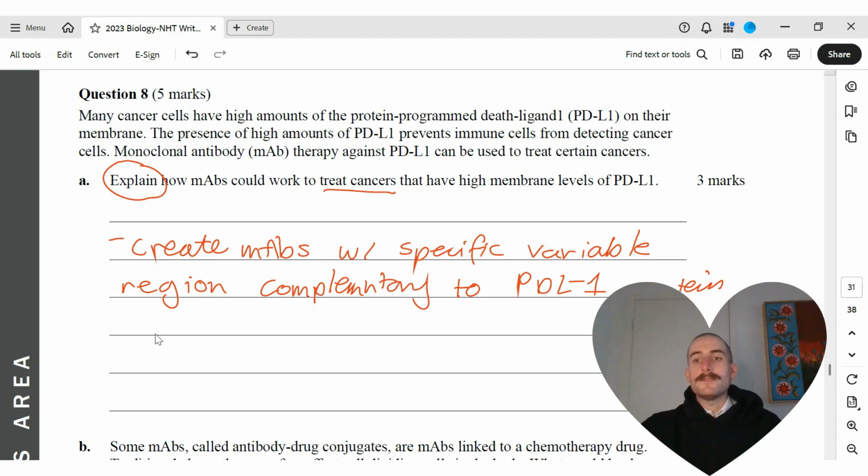And they've got to be specific to your specific antigen, which in this case is the protein programmed death ligand 1. Great. Once you've made that, what can antibodies do? That's what we're thinking. How do the mAbs actually work? We might mention something about agglutination.